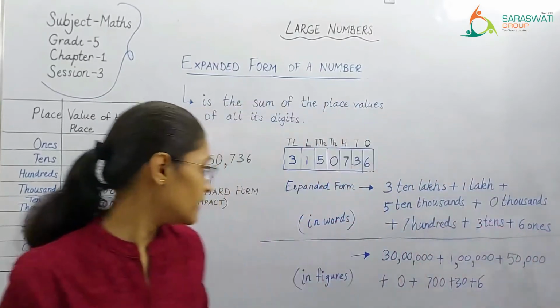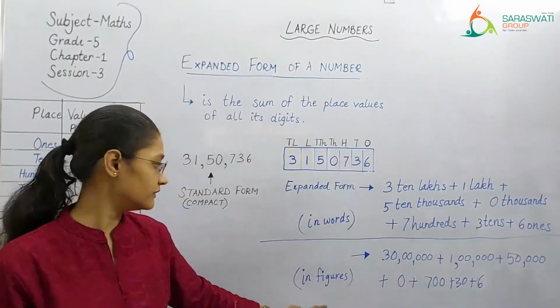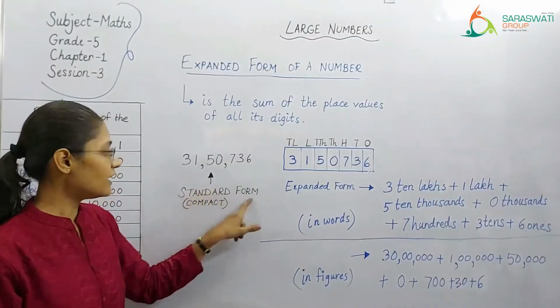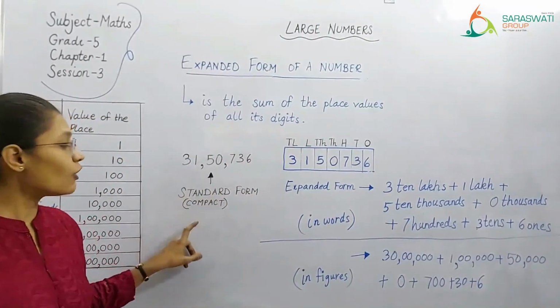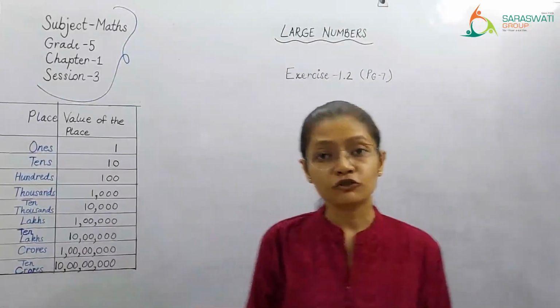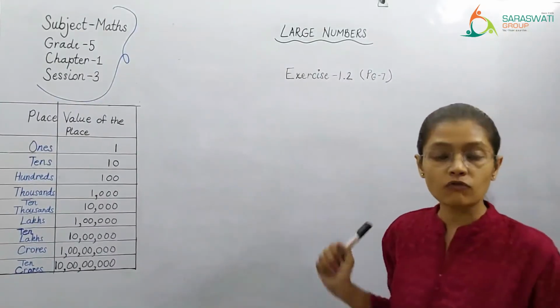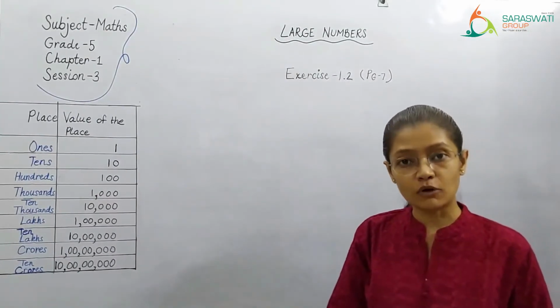So over here we have the expanded form in figures for this number, and this is the standard form of the number or the compact form. Now students, you have to solve all the questions of exercise 1.2 as homework in your classwork books.